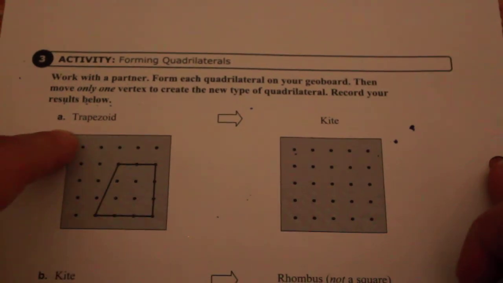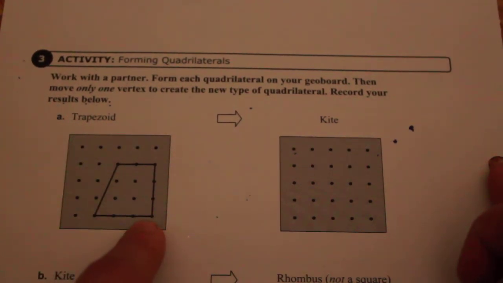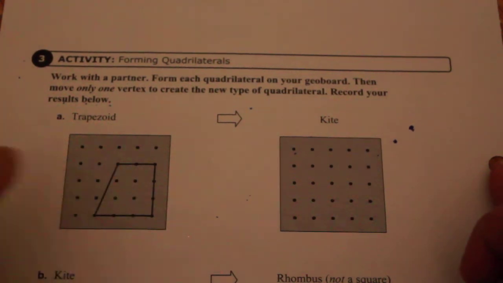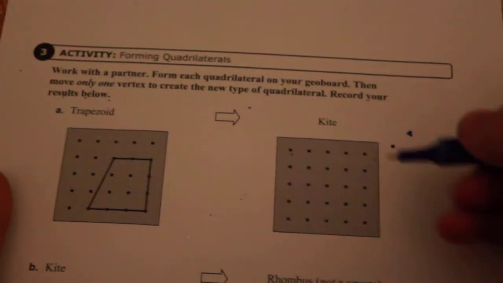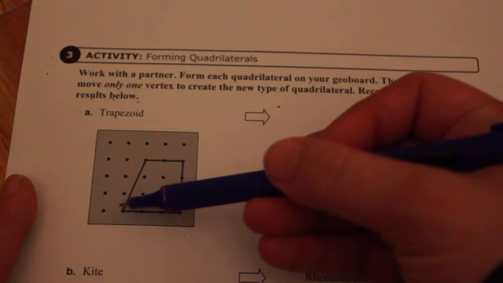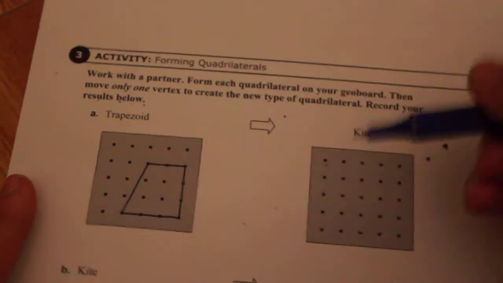Now with the kite, I need 2 sides that are congruent right here. So what I'm going to do is I'm going to move this vertex up here. So my new shape is going to be the same length here, the same length here, but then it's going to meet up here.